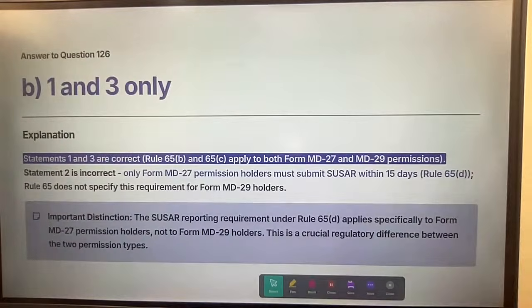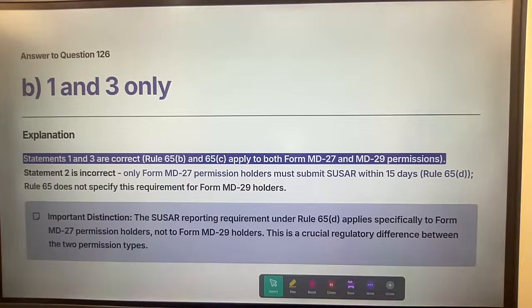That is a wrong answer. It is only 1 and 3. Statements 1 and 3 are correct according to Rule 65B and C, which apply to both MD27 and MD29 permissions. Statement 2 is incorrect. Only Form MD27 permission holders must submit SUSAR within 15 days. Rule 65 does not specify the requirement for Form MD29 holders.